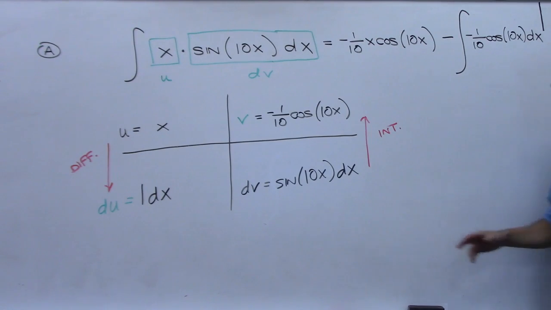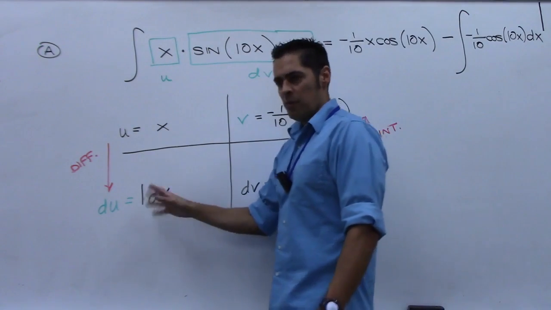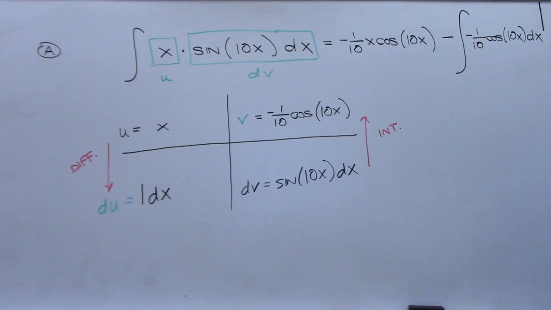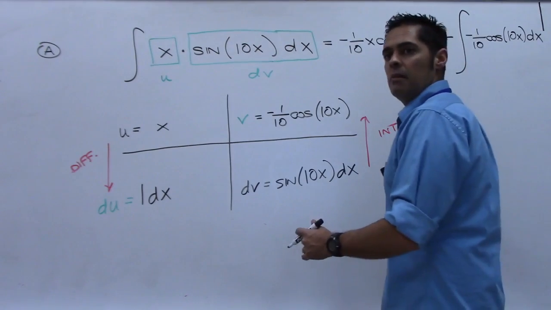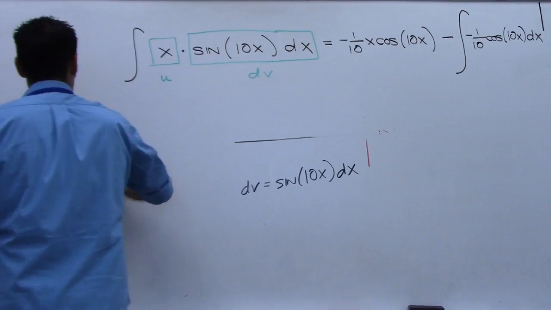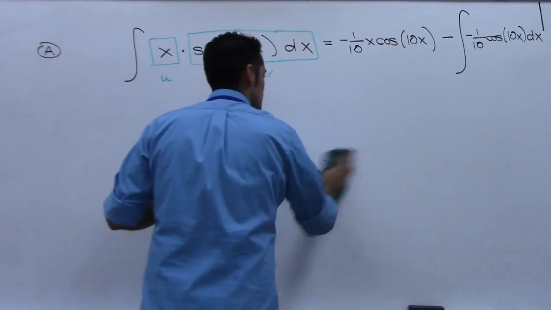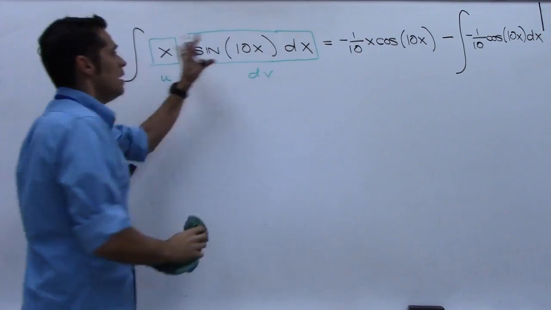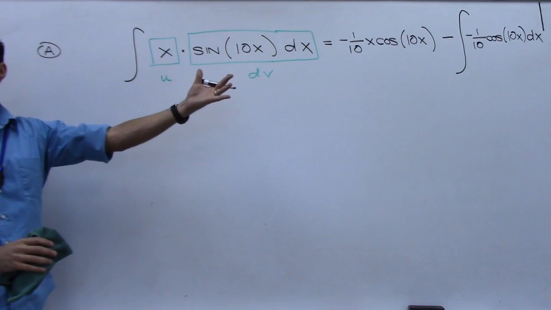And in the future, this is not going to be 1. It's going to be more complicated later. We good? Okay, so we're not done, right? We haven't actually done that integration. What we've done is we've used the formula to convert an integral that we could not handle into an integral that we can handle.